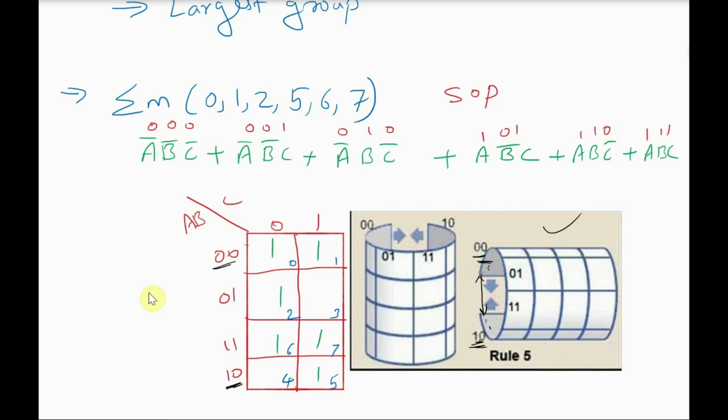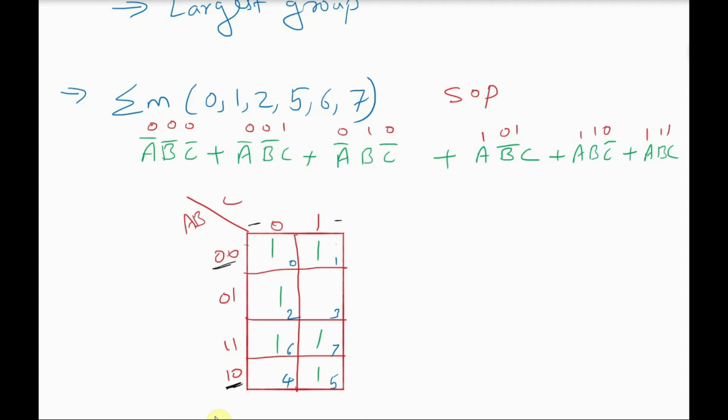Similarly, when you fold it the other way, the last column and first column become adjacent. So keep this in your mind. The top row and the bottom row are adjacent rows. The first column and the last column are also adjacent.